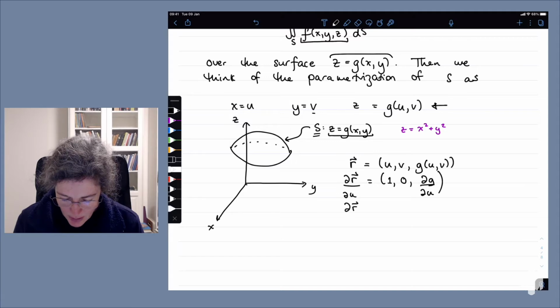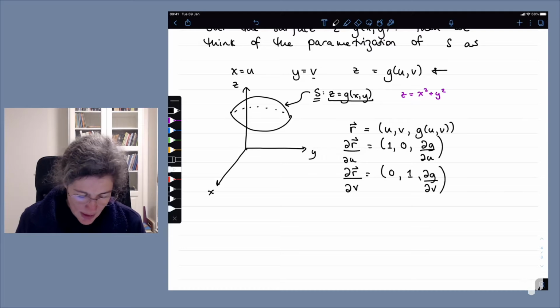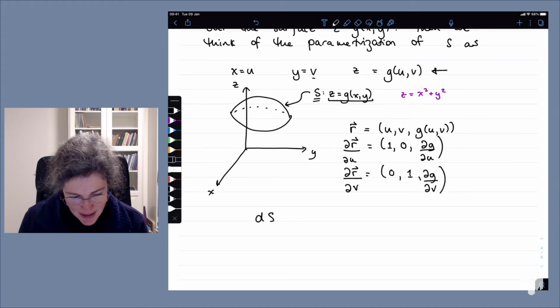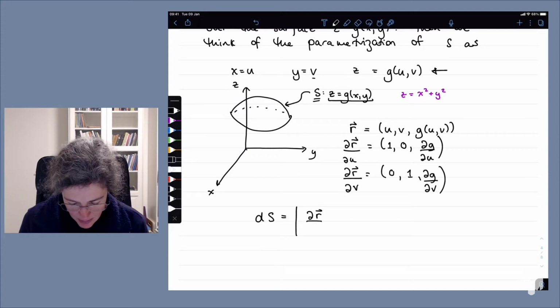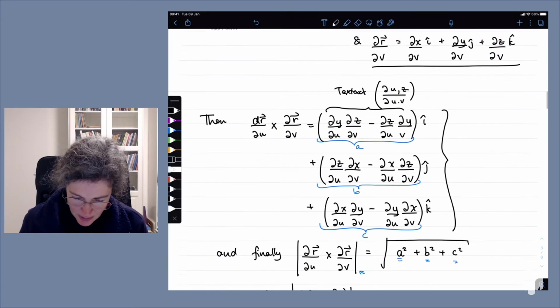And I'm also going to need my dr by dv, which is going to be 0, 1, dg by dv. And this means that I can work out my area element ds, which we know is the magnitude of dr by du cross dr by dv, du dv. So that's just straight from what we were talking about up here.